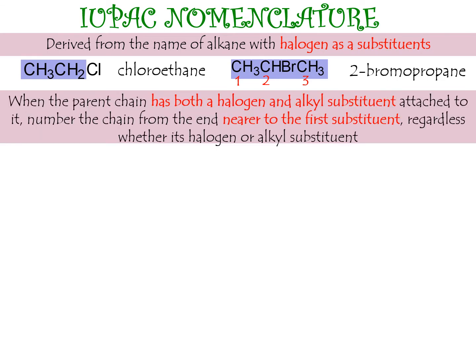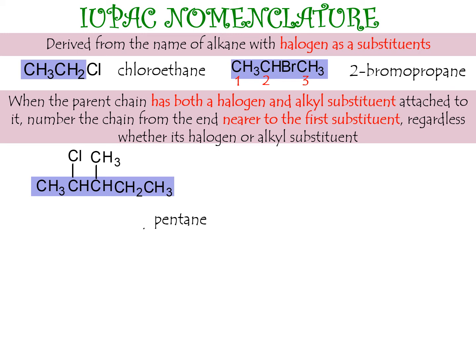When the parent chain has both a halogen and an alkyl substituent attached to it, number the chain from the end nearer to the first substituent, regardless of whether it is a halogen or alkyl substituent. Look at this compound. There are 5 carbons in the parent chain, therefore the parent name is pentane.